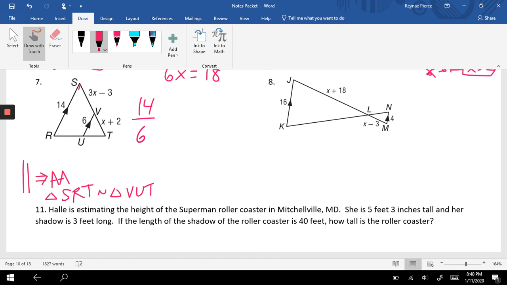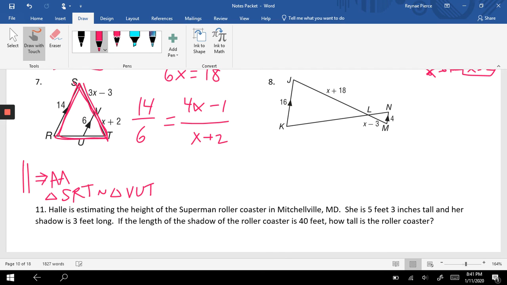Okay, 14 comes from triangle SRT. So when we're writing the expression, we need to write the sum of those two expressions here. So 3x plus x is 4x. A negative 3 plus 2 is a minus 1. And then just over that x plus 2.